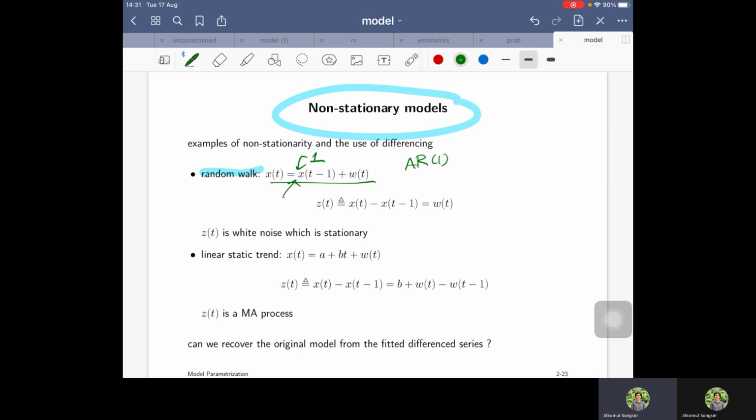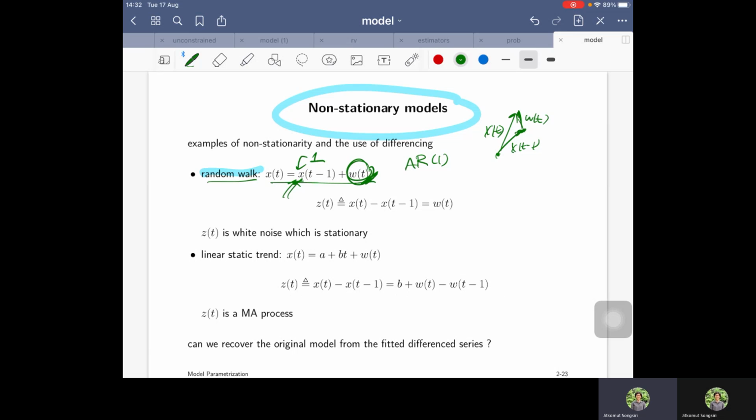It's called random walk because you move from here. So you perturb your step by the white noise. So this is x_{t-1}, this is w_t, this is your next step. White noise is the most unpredictable noise or signal, right? So it means that at each step you take, it looks very random.